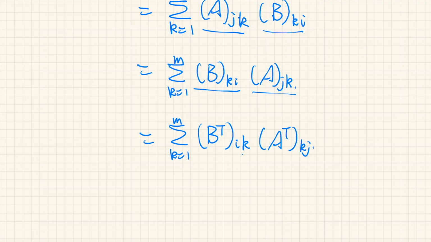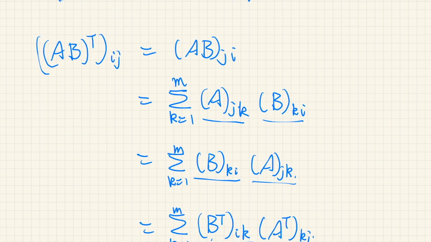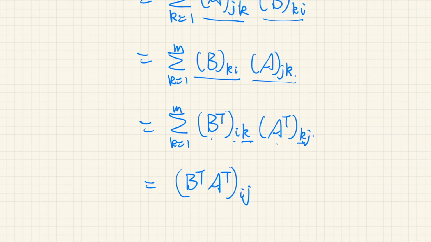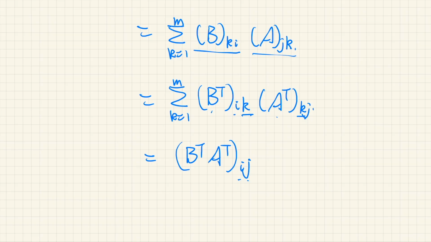Now look at this. We have k here as the second index of B transpose and k here as the first index of A transpose. So this is nothing but the ij element of the product between B transpose and A transpose. So the ij element of (AB) transpose is equal to the ij element of B transpose A transpose. And we are done.